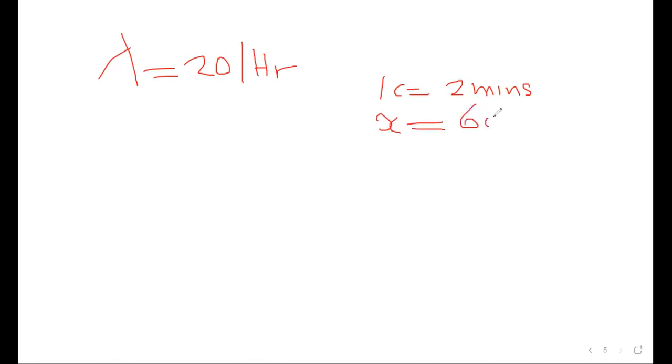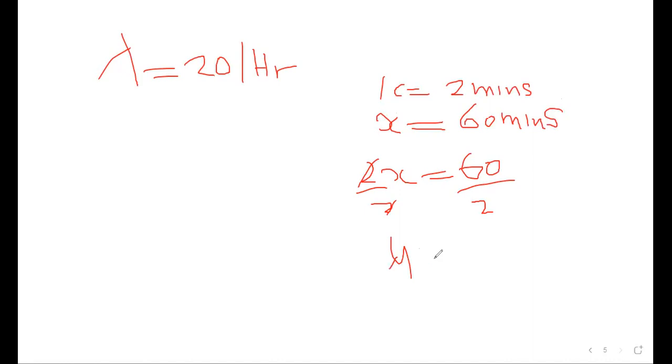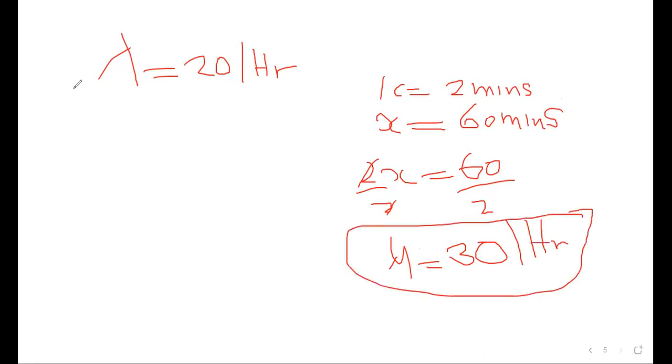An hour is 60 minutes, so 2x is equal to 60. The cashier will attend to 30 customers in an hour, so our service rate is 30 per hour. This is not bad. It means that this cashier will be able to manage this queue.